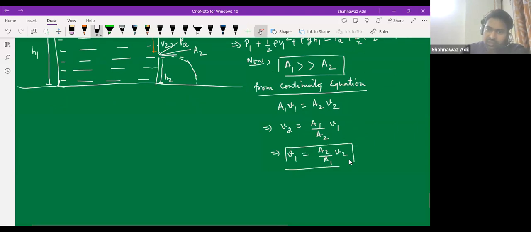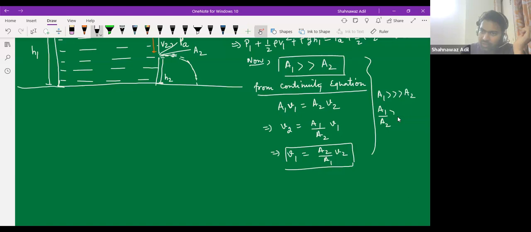Is this okay? Yes, sir. So now we see that A1 is very, very much larger than A2. So A1 by A2 would be very much larger than 1. So if I write the reciprocal of it, A2 by A1 would be pretty smaller than 1, right?